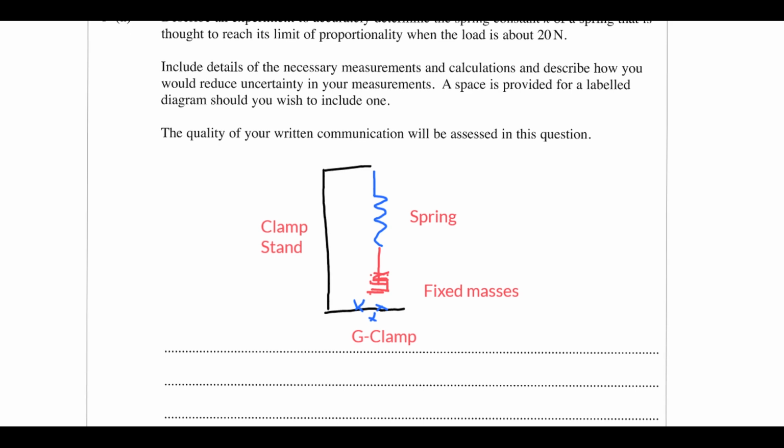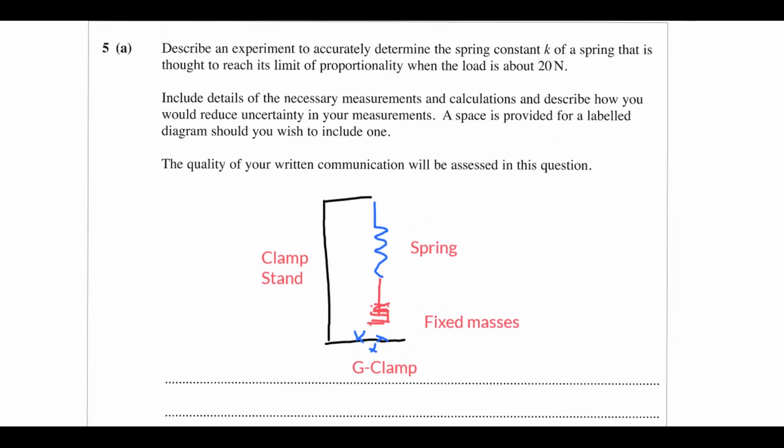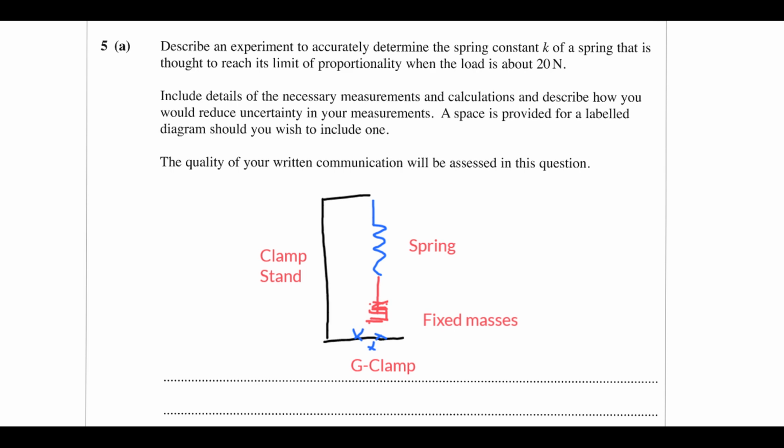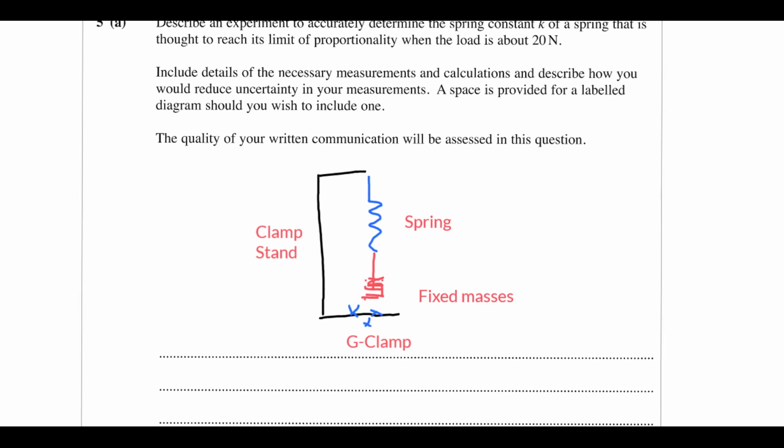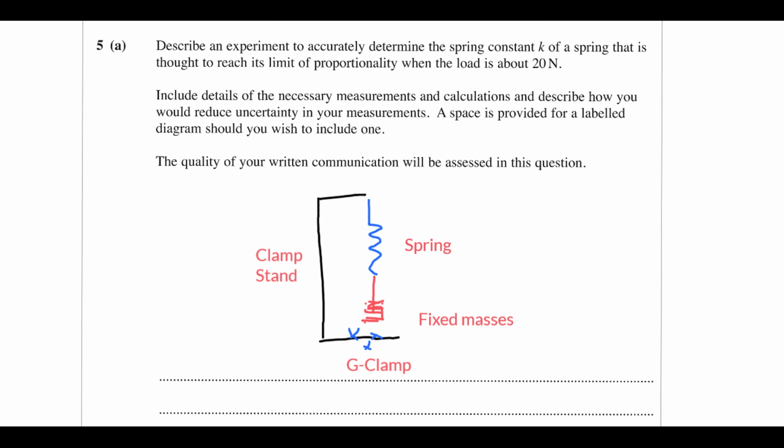So what we're going to do is change the mass hung on it and then measure the extension. To make it as accurate as possible, I'd use a vernier scale to measure the extension. First of all, we need to work out what range of masses we can use.